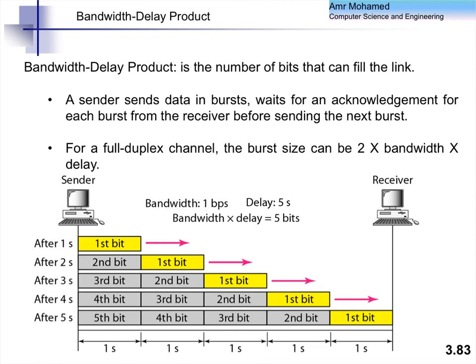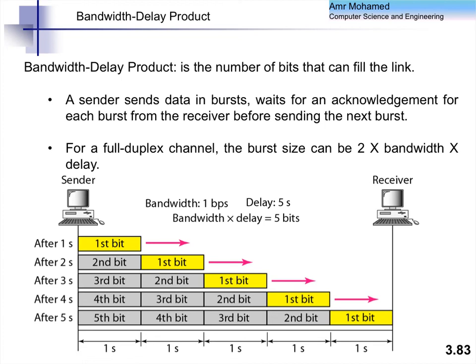So before that, of course, when we talk about full duplex, what does that mean? Do you remember what full duplex means? Both the sender and the receiver can send to each other concurrently. So what does that tell you? This tells you that when you start sending from the transmitter to the receiver, the receiver is also sending you some bits, right? So when you calculate the number of bits in one direction, you multiply it by 2 to get the total number of bits in the two directions.